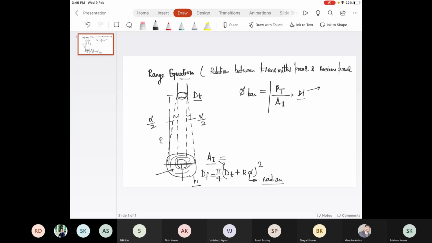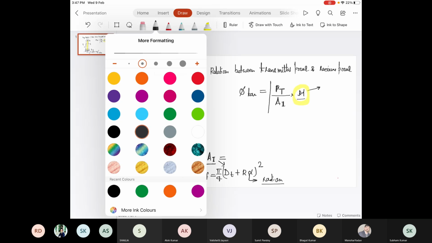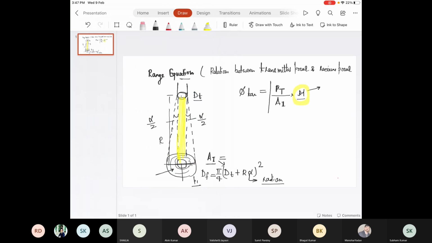M incorporates, when this energy travels from the laser source to target point P1, how much loss there is in the medium. It is quantified in terms of M. The range of M is between 0 and 1, less than 1.